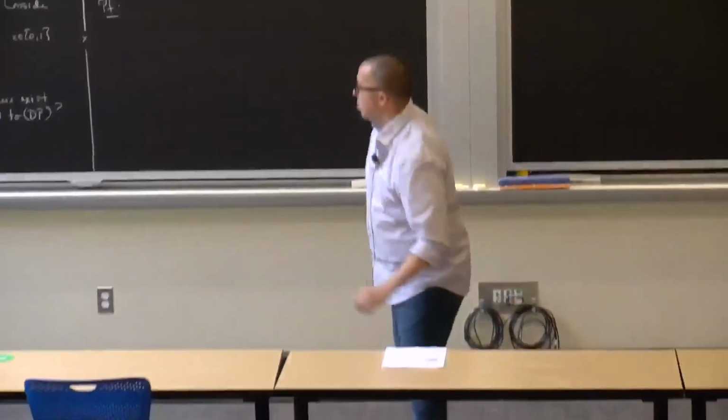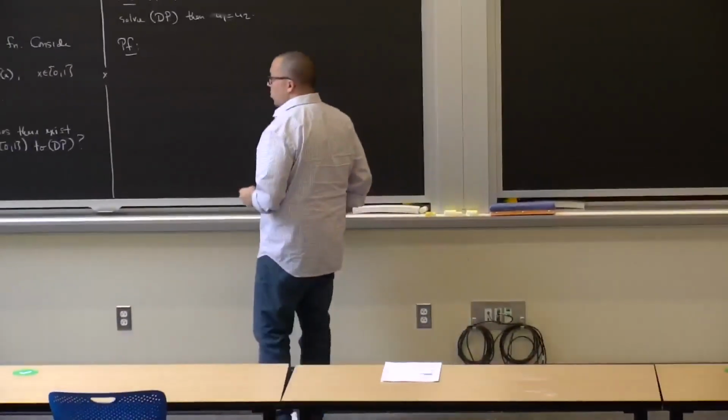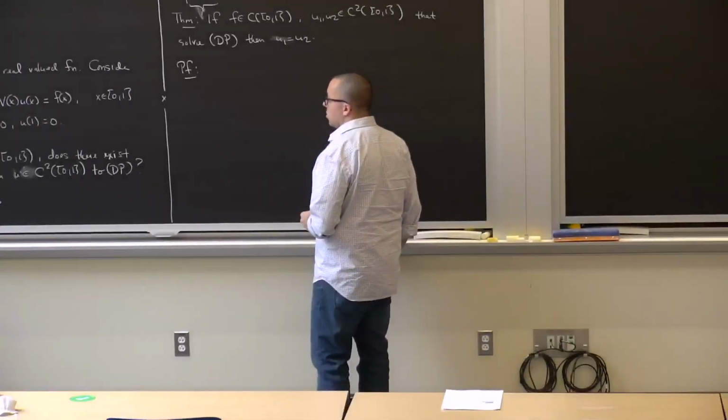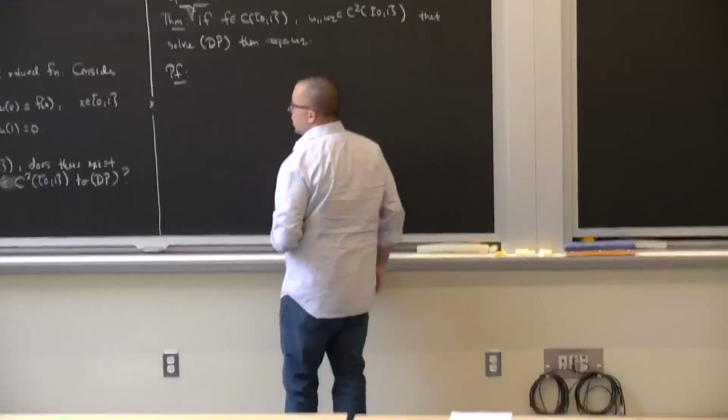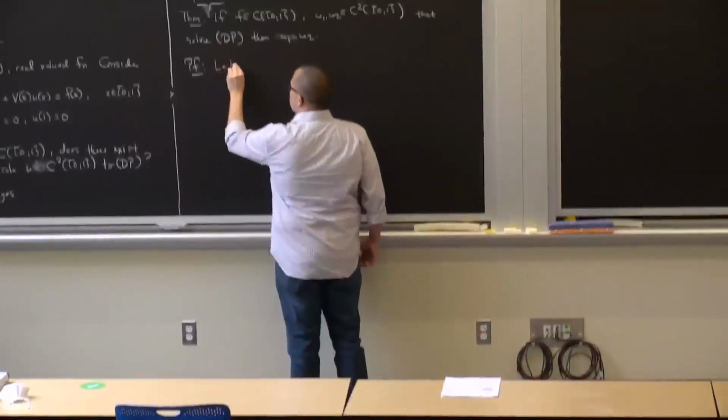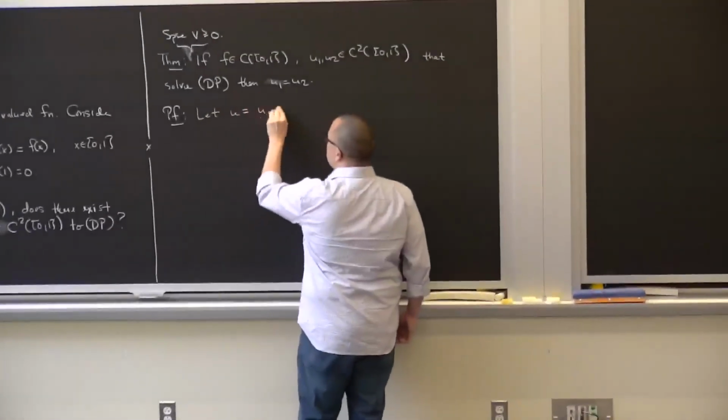Now the proof, I think I've given this as a problem in an assignment in past classes, but when in doubt, integrate by parts. So by subtracting, let u be u1 minus u2.